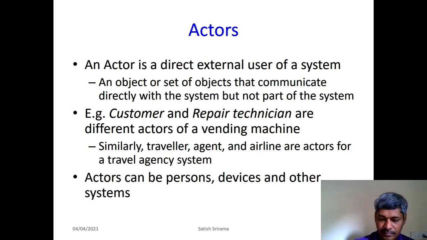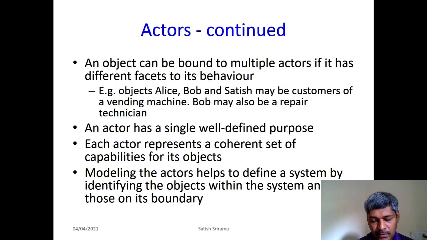So let's look at them in detail. An object can be bound to multiple actors if it has different facets to its behavior. Think about this situation. Say, for example, there are three customers here, Alice, Bob, and Satish. They may be the customers for this vending machine.